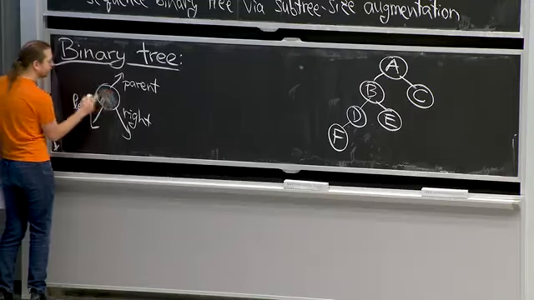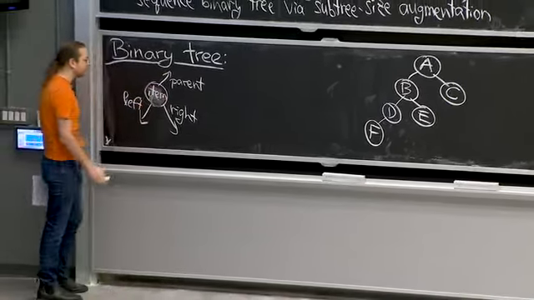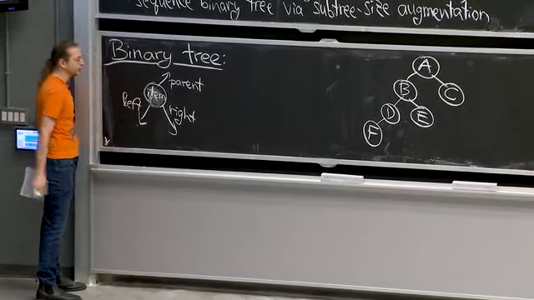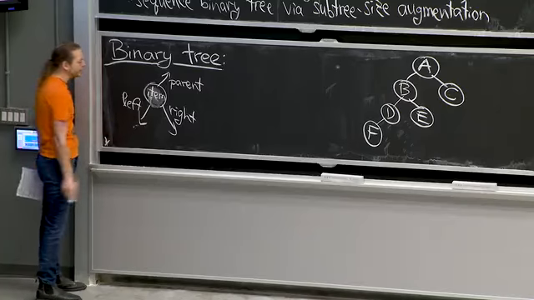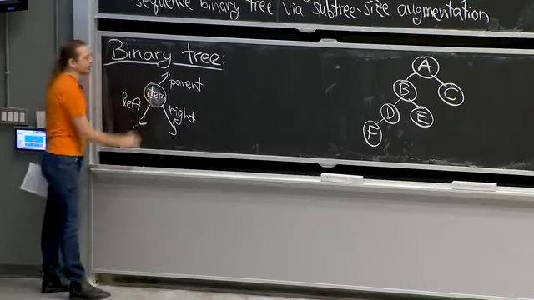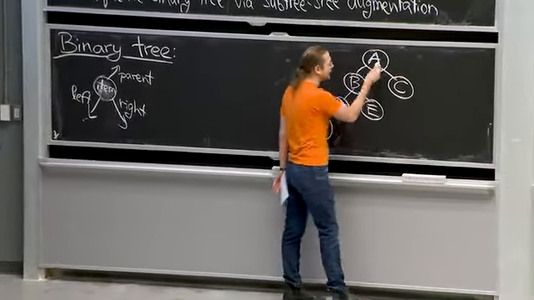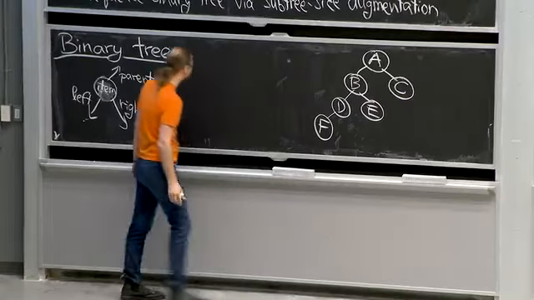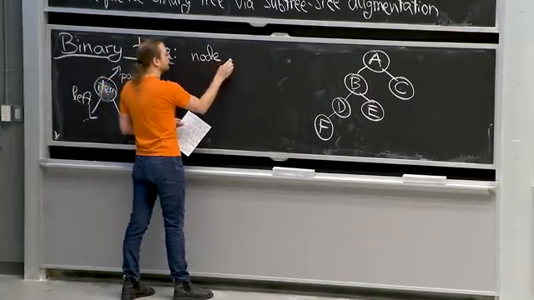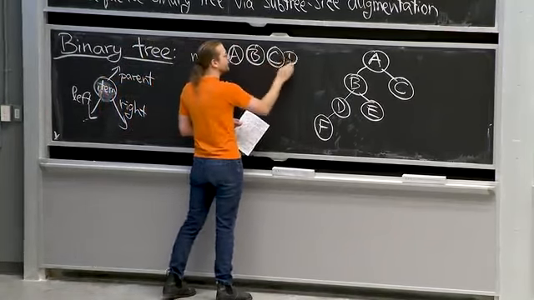And it also has an item inside of it. So I'm going to talk about node.left, which is a pointer to the node down here, node.right, node.parent, and node.item. So if I look at the node A, its item is A. So let me draw for you some examples.